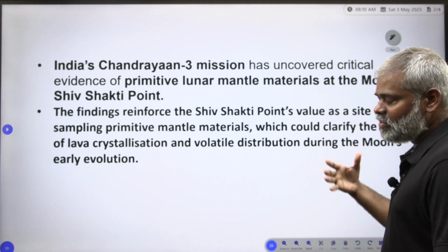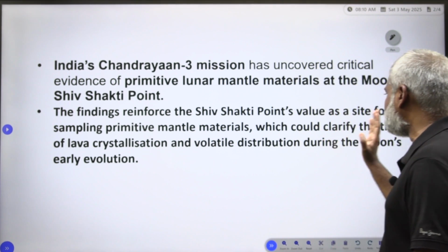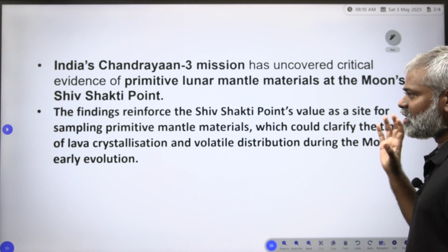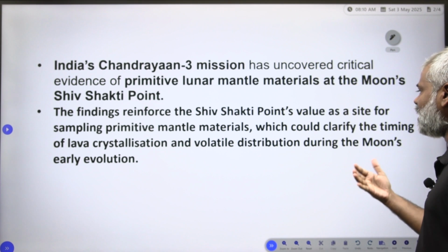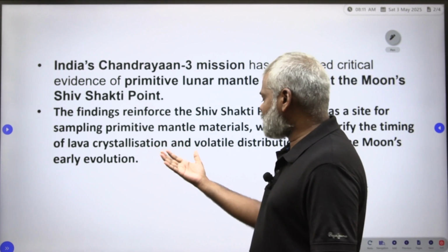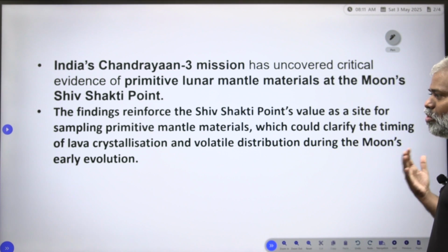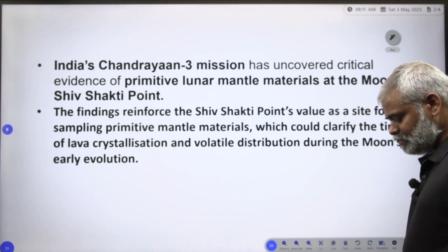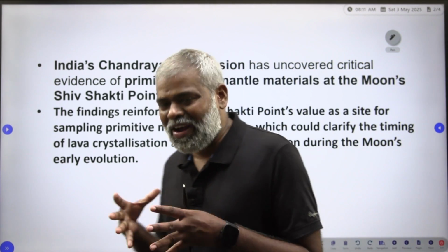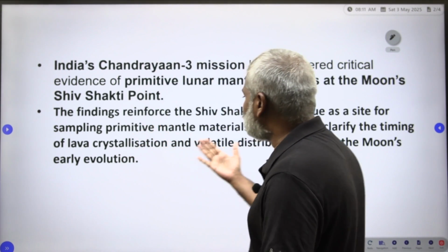The findings reinforce the Shiva Shakti point's value as a site for sampling primitive mantle materials, which could clarify the timing of lava crystallization and volatile distribution during the moon's early evolution. How do we confirm when the moon evolved? We have to confirm it through this mantle.